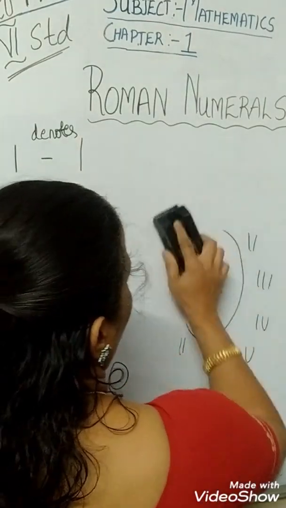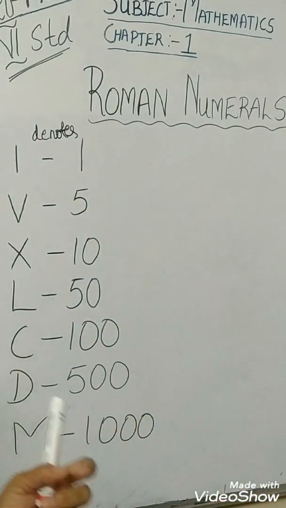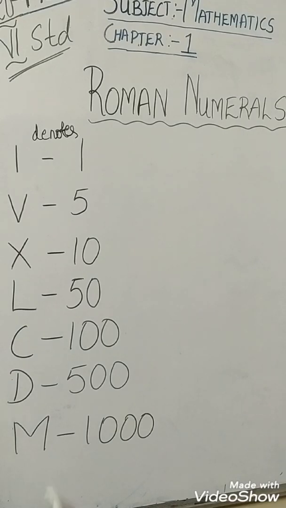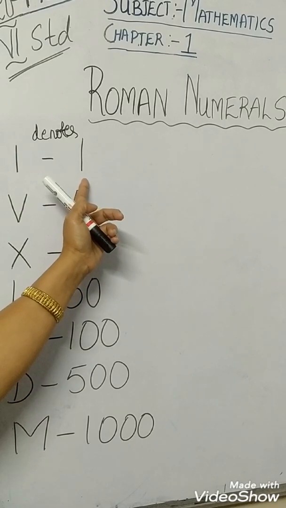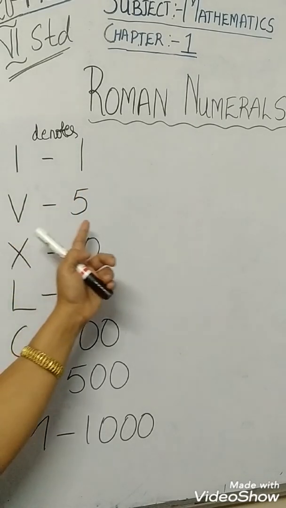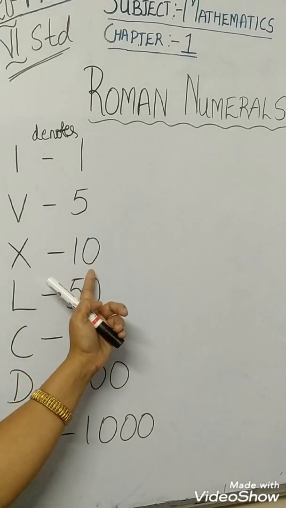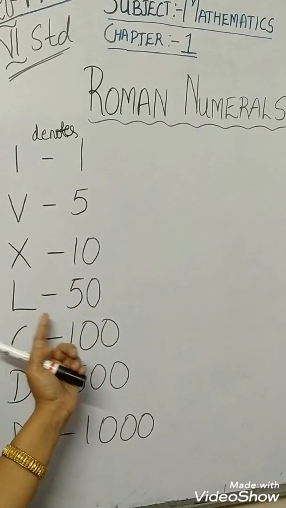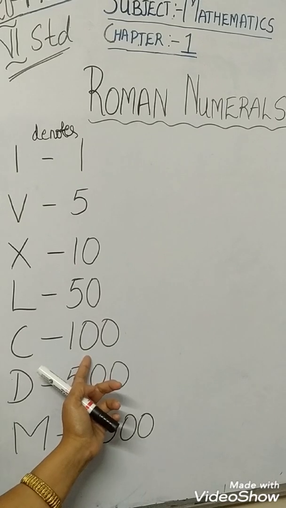Mainly in Roman numerals, we have these 7 symbols. Here I denotes 1 in Hindu-Arabic. V denotes 5. X denotes 10. L denotes 50. C denotes 100.